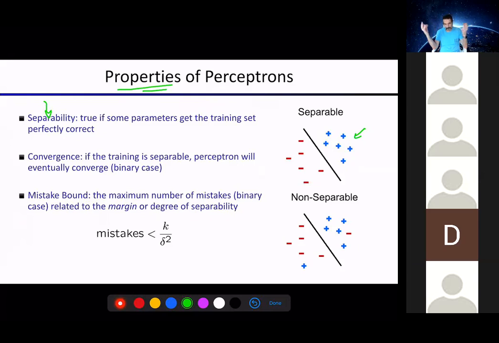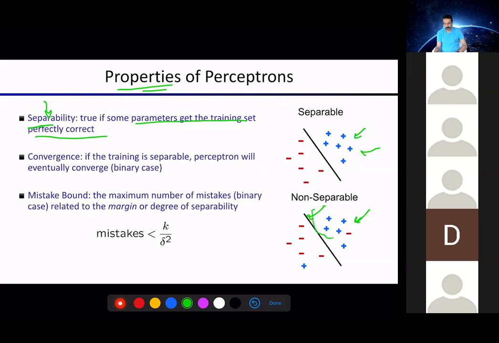Two or multiple classes are separable if the parameters get the training set perfectly correct. In this example, there exists such a hyperplane that separates these two classes. In this case, it doesn't exist, at least not a hyperplane.